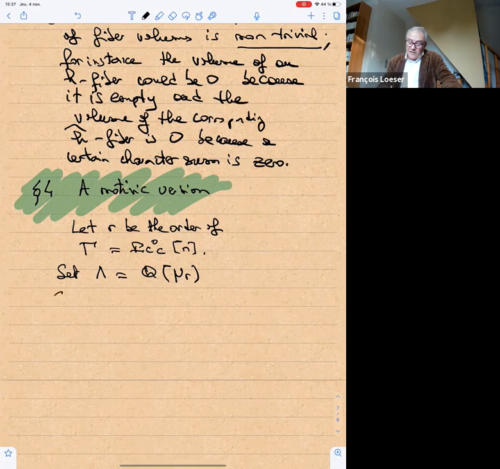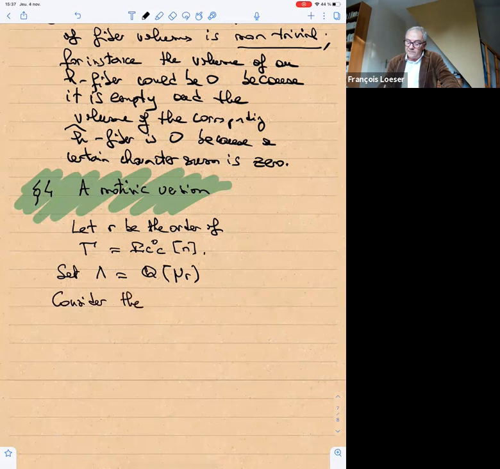And I will consider the following category of motives. So not to carry heavy notation, I just write it Mot.